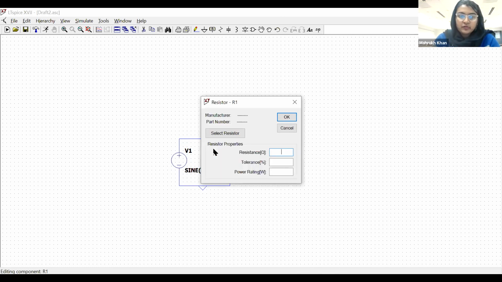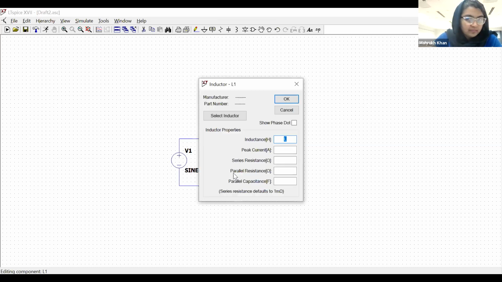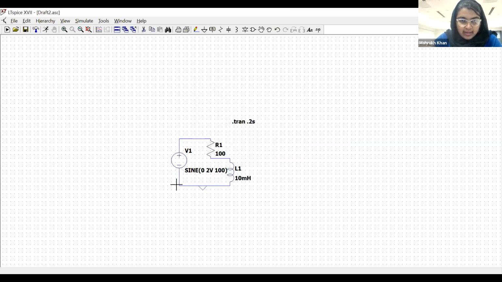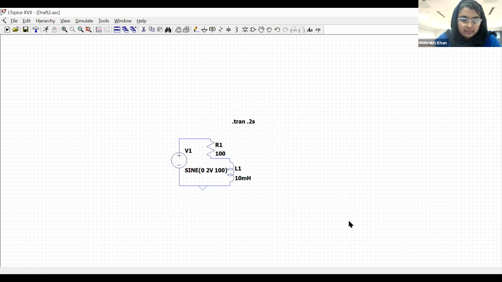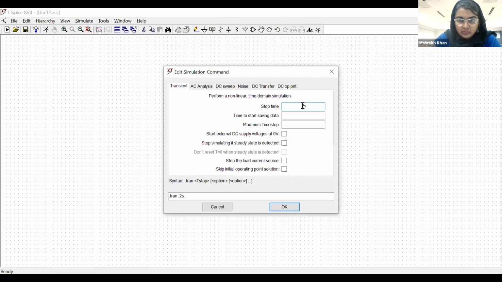So it's 100 and 10 millihenry, and I should actually reduce this time. It's 0.2 seconds, so maybe I do 50 milliseconds. Let's try that.